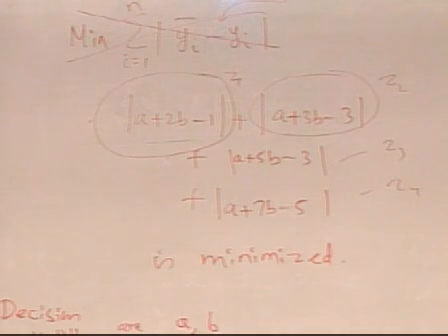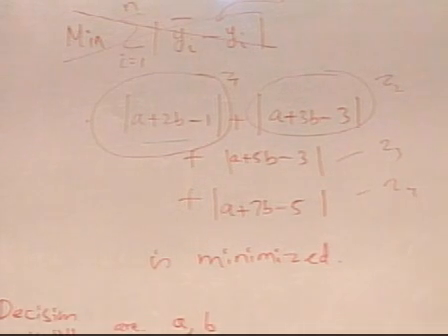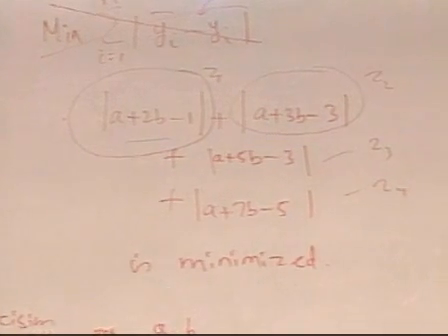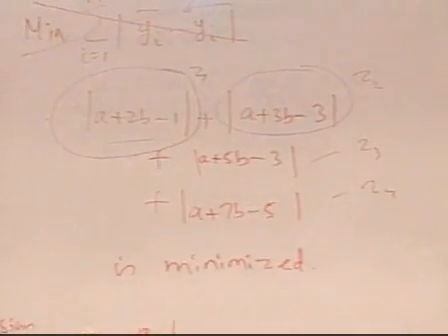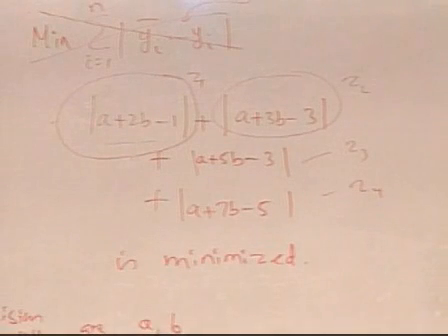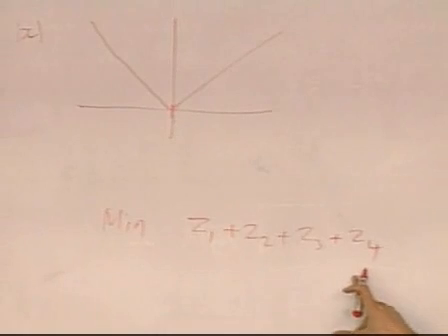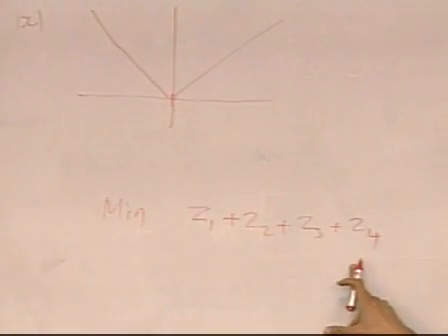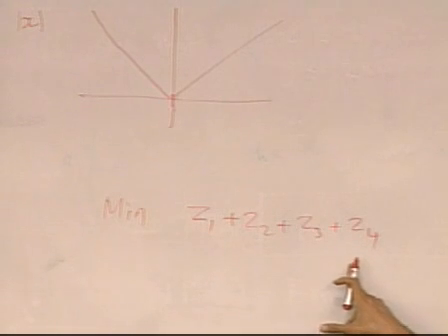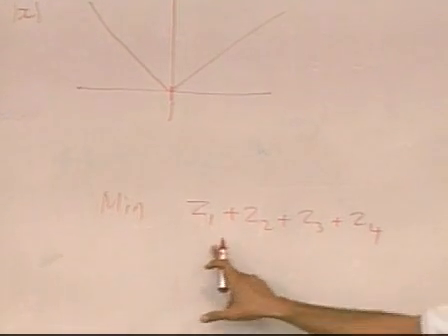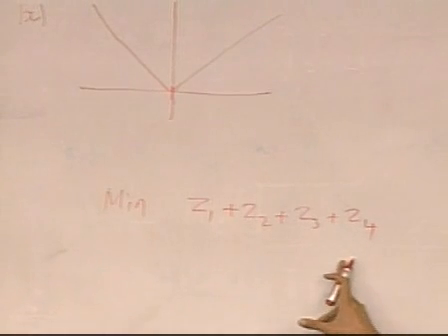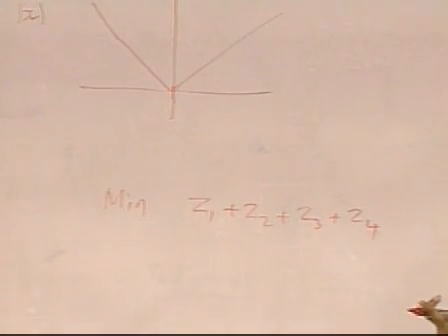Now, of course, just because you call it something doesn't mean the problem doesn't exist, right? But if you call it that, you could write down your objective function as minimize Z1 plus Z2 plus Z3 plus Z4. Now, that is a linear function in the Z's. And now your decision variables are Z1, Z2, Z3, Z4, in addition to A and B. Okay?